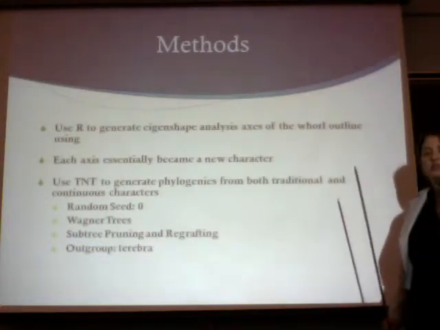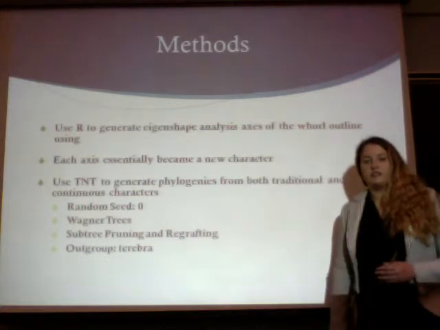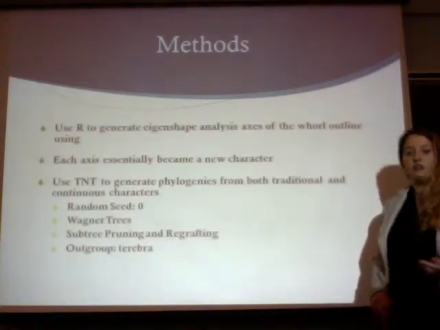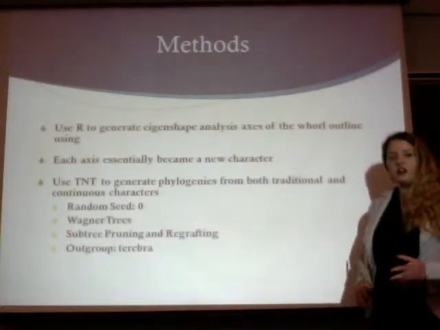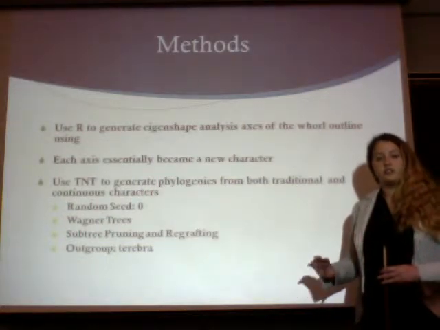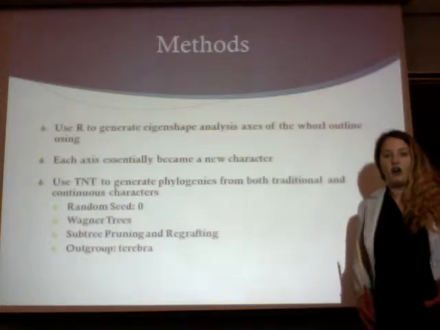So I used R to eigenshape analyze each outline, each whorl profile for those 5 whorls, as well as each individual whorl. So where those definitions are, that's where you can either use each individual whorl or all 5 at once. And I was looking at all 5 at once.